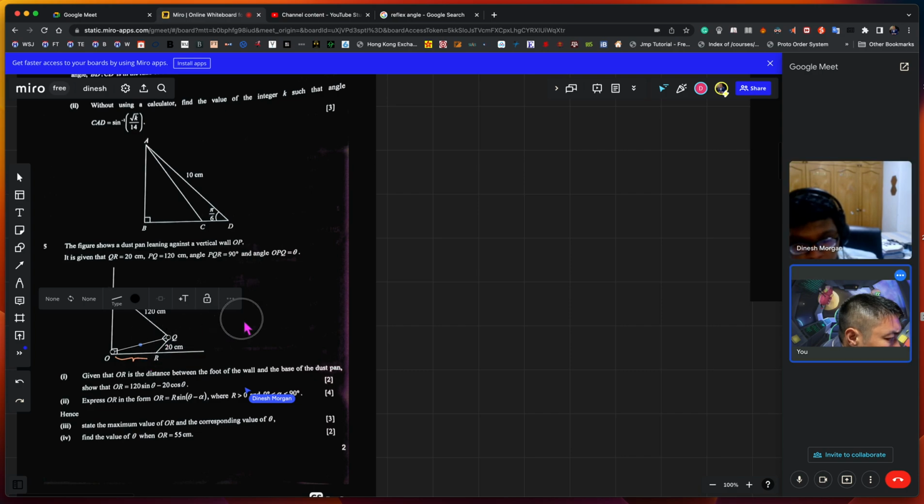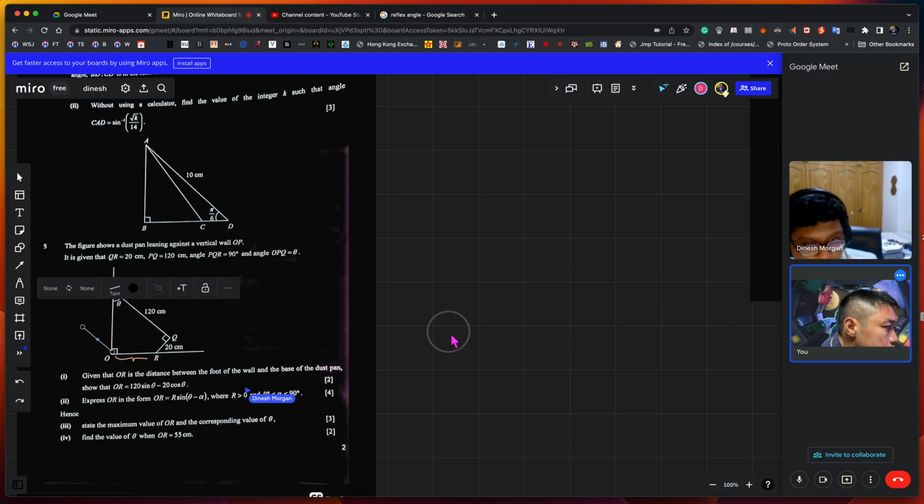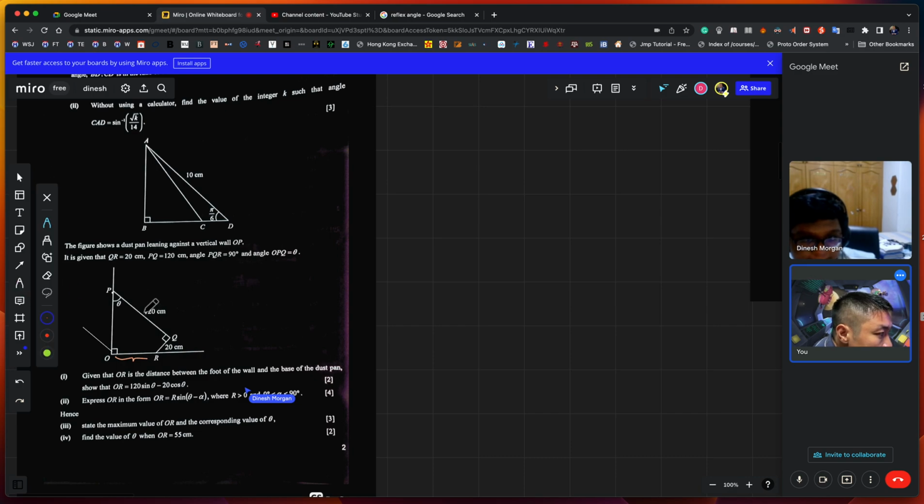Does this work? No. Let's continue to read this question. Theta, 180. I think if you do it this way, is there a 90 degree here?